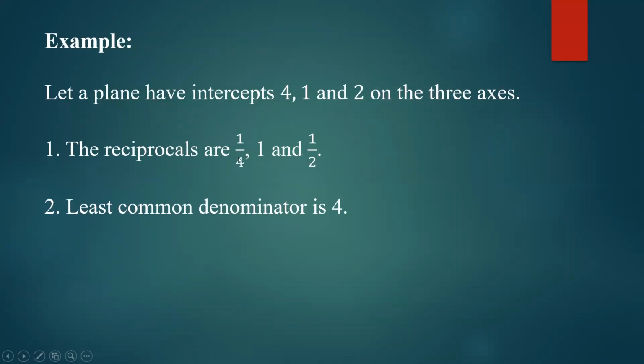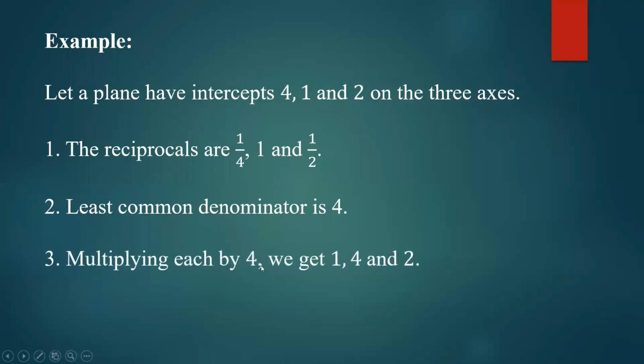The denominator is 4 here, 1 here, and 2 here. So the LCM of these three numbers is 4. After that, you multiply each number by this LCD.